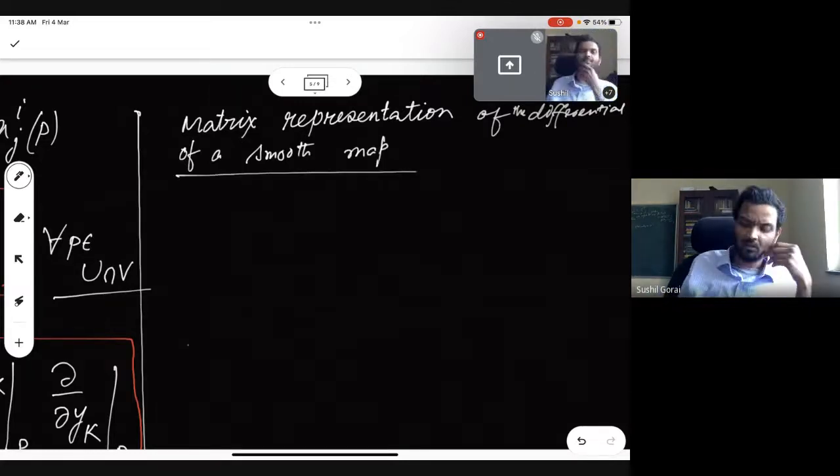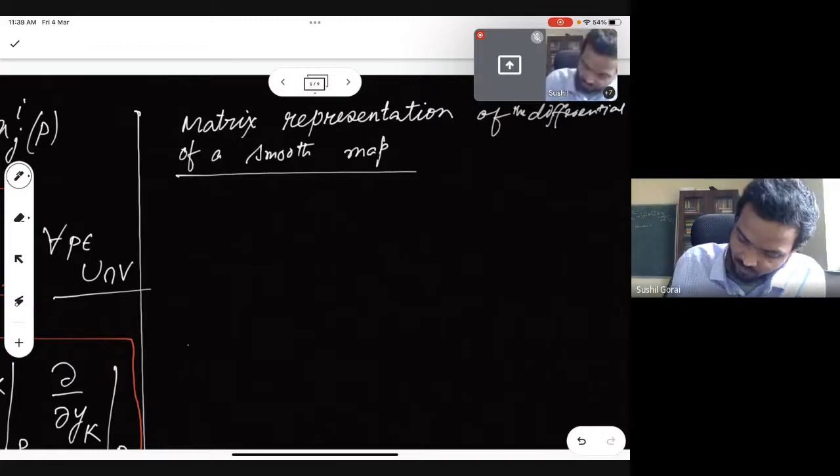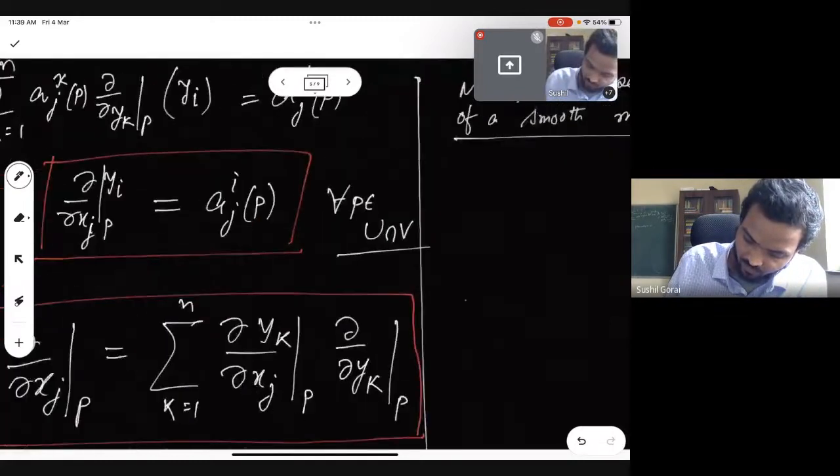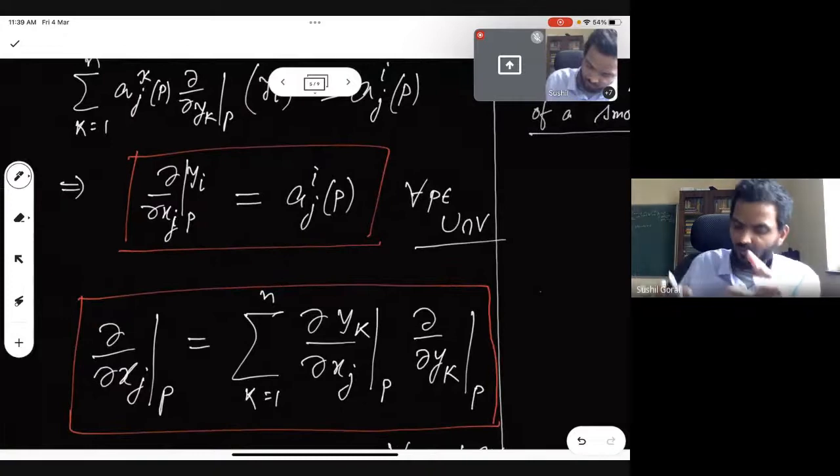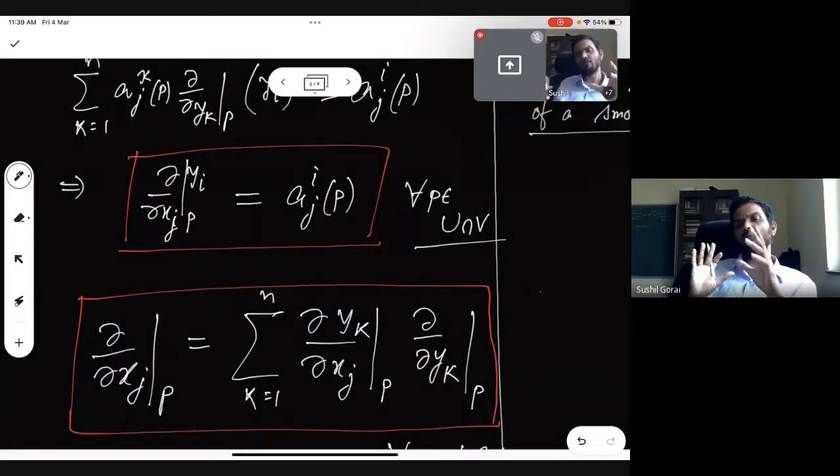Last time, we saw how the basis changes.